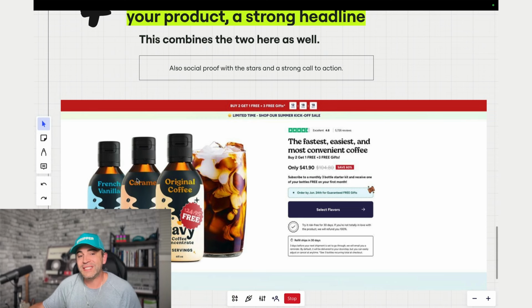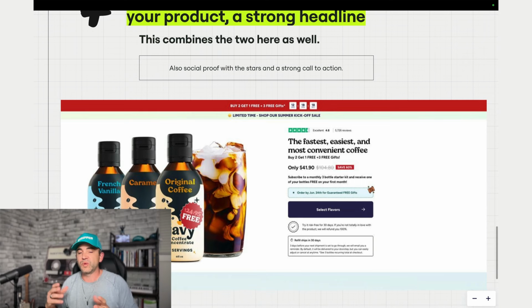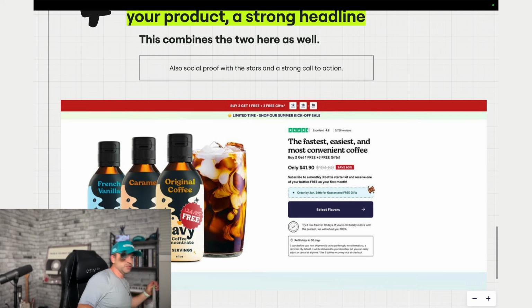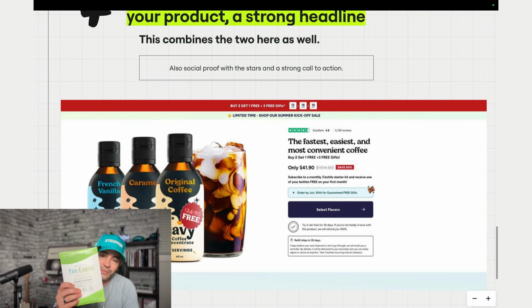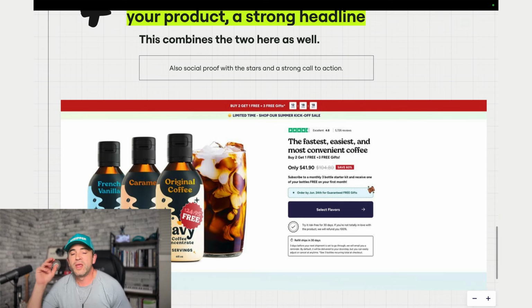I would test that, and I would test the image to verify people understand what's going on. Like with Tru Earth, it's a laundry detergent. If there's a picture of a package like this, people have no idea that it's a laundry detergent strip. They think maybe it's powder or something. So if your product isn't the easiest to understand, consider testing in-use images and even videos.